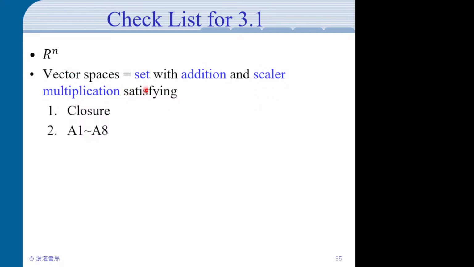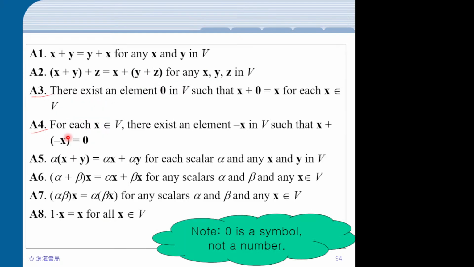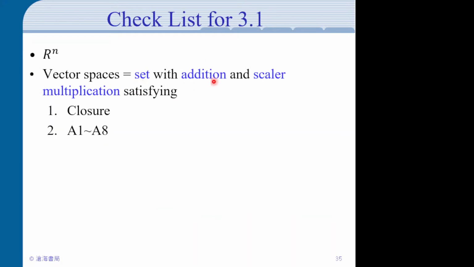And scalar multiplication: for a scalar we just use a real number, so we can multiply a real number on your vector. If there's a set with these 2 operations, addition and scalar multiplication, and they satisfy closure and those 8 axioms, then it's a vector space. Closure means that if you add 2 vectors in your vector space, you get back a vector in your vector space.